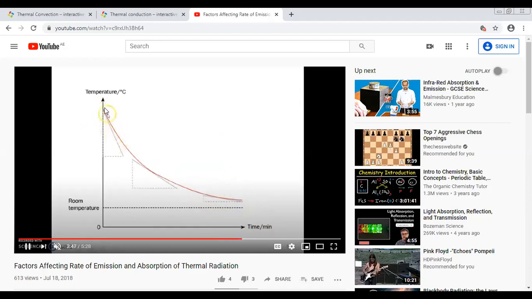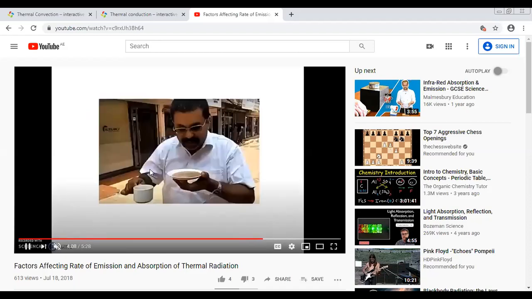See this triangle that will help you to measure the gradient. So as you see, the gradient decreases because the emitting of radiation will be higher at a higher temperature, and the emitting of radiation will be less at a lower temperature.